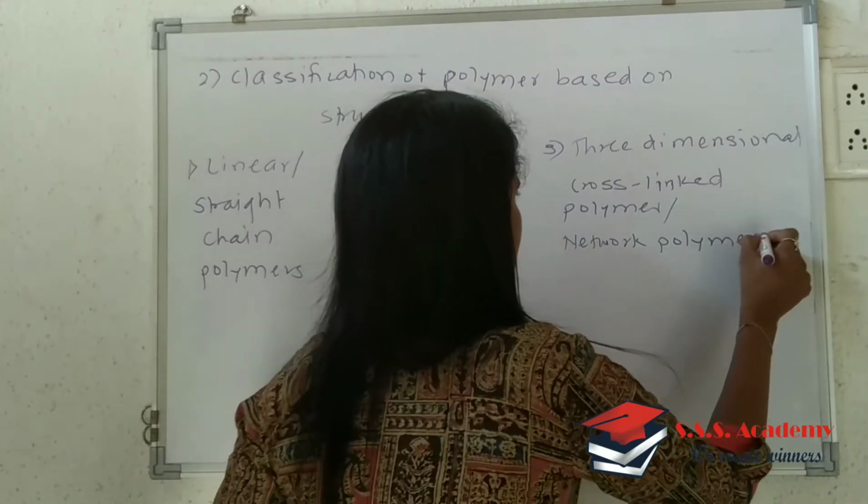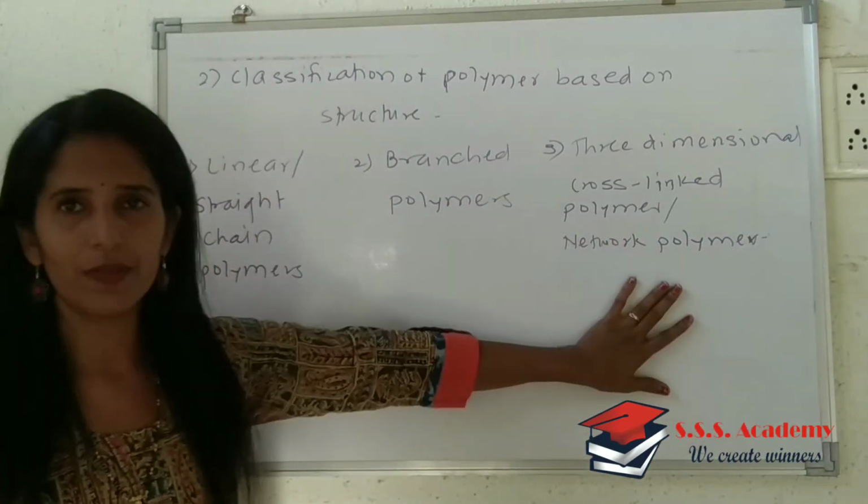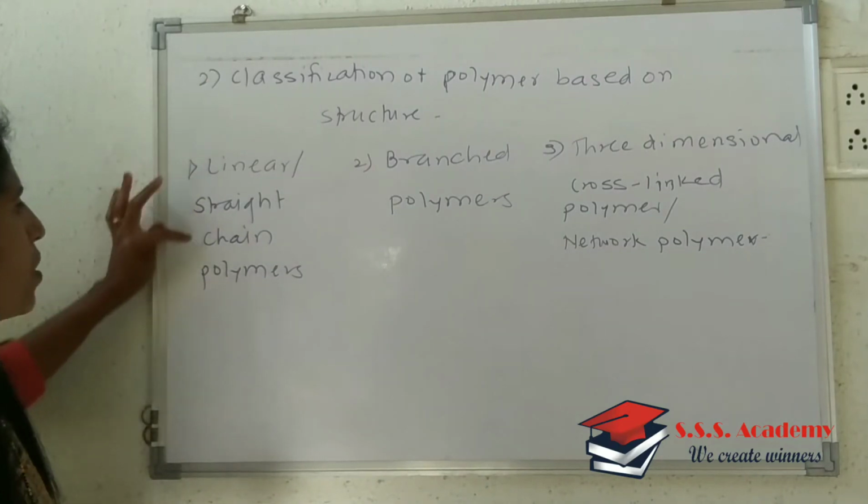So there are three types. The first type refers to linear or straight chain polymer.